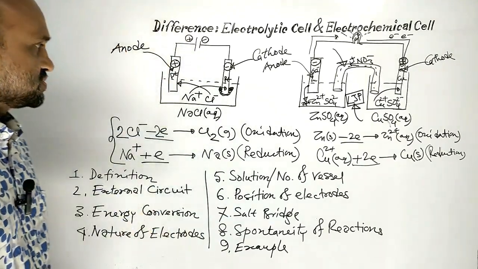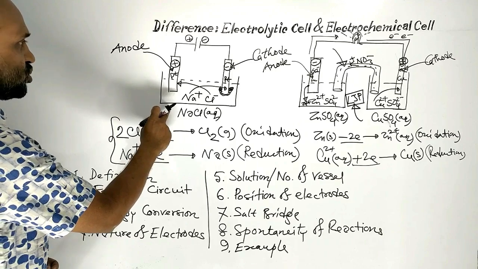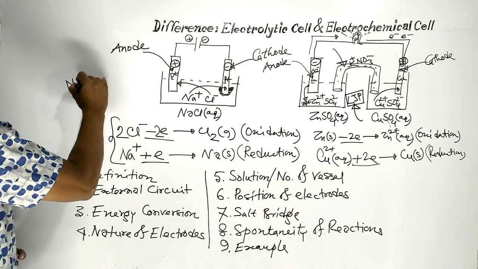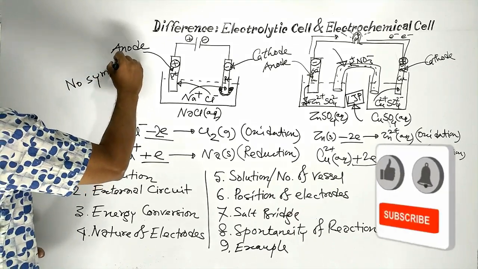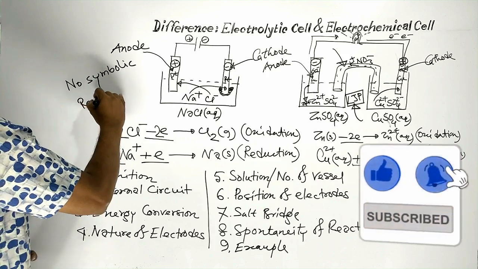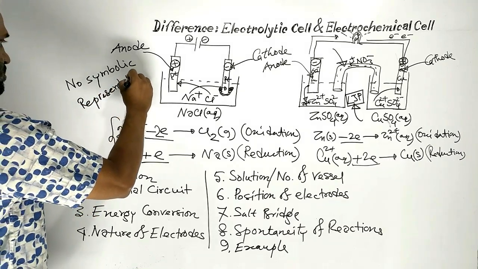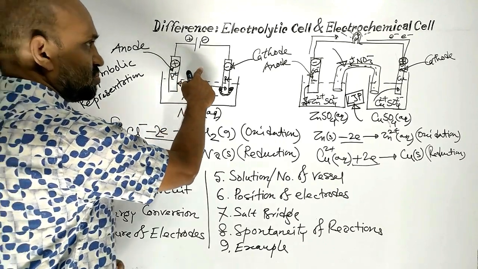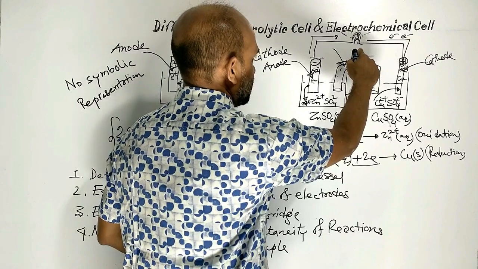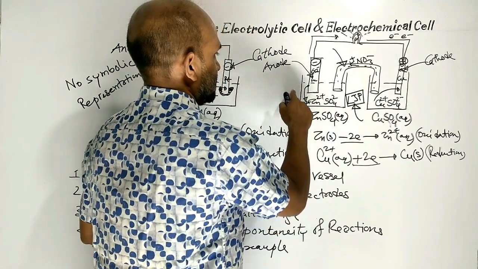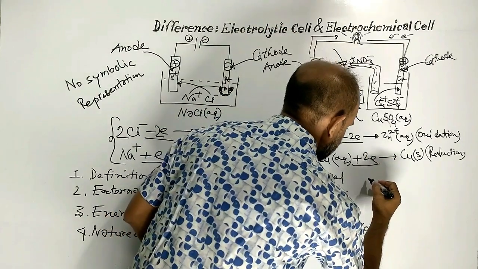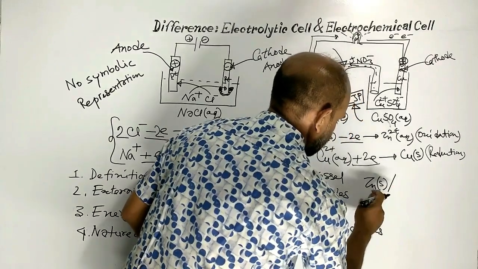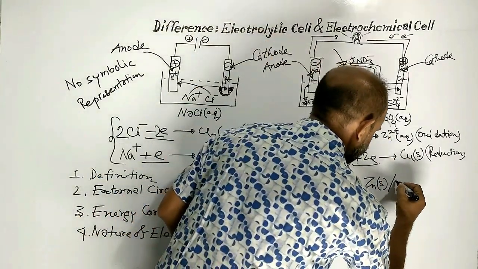One more point. There is no symbolic representation of electrolytic cell, but there is symbolic representation of electrochemical cell. This electrochemical cell is represented in this way. Solid zinc is submerged in its ions.